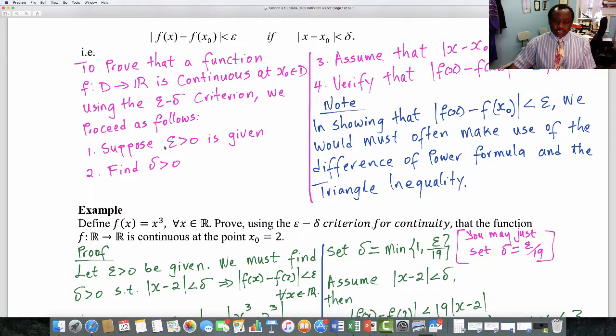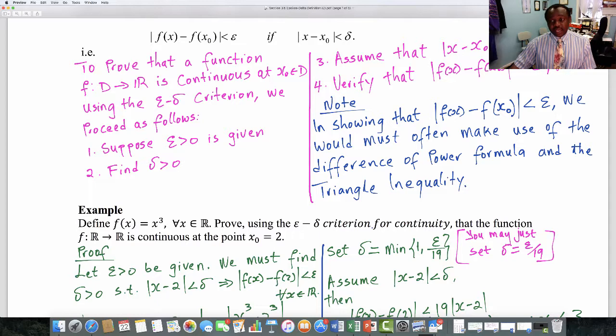We would suppose that epsilon greater than 0 is given. We would find a delta greater than 0. We would assume that the absolute value of x minus x0 is less than delta. And then we would verify that the absolute value of f of x minus f of x0 is less than epsilon for every x in D.